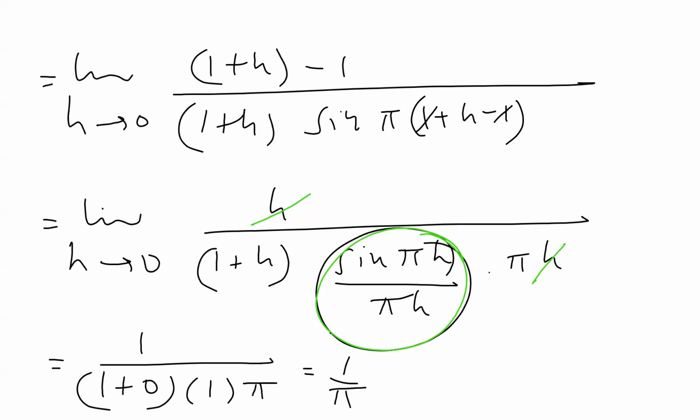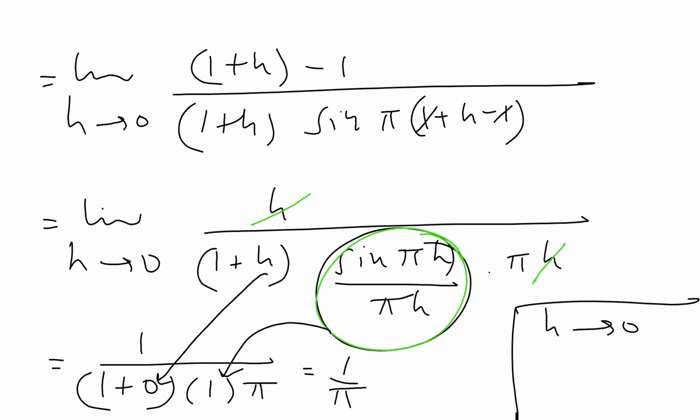This is 1. This is 0. h approaches 0, so pi into h will also approach 0. Next problem, that is question number 8.